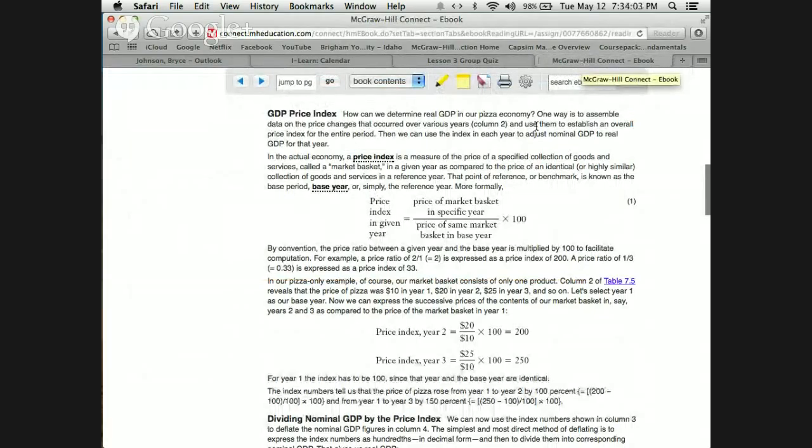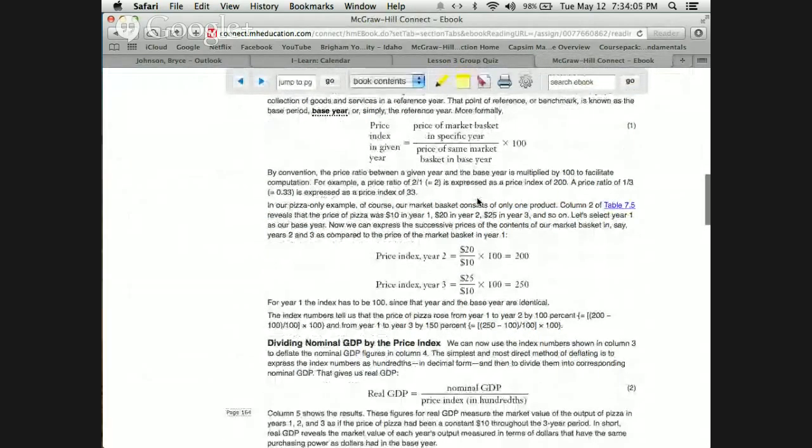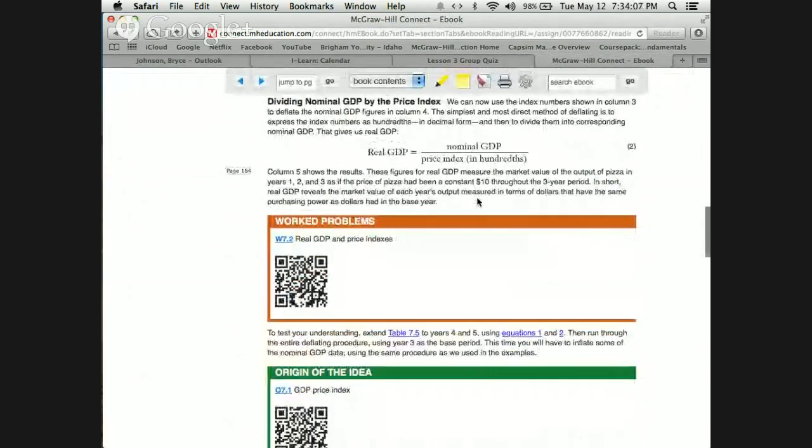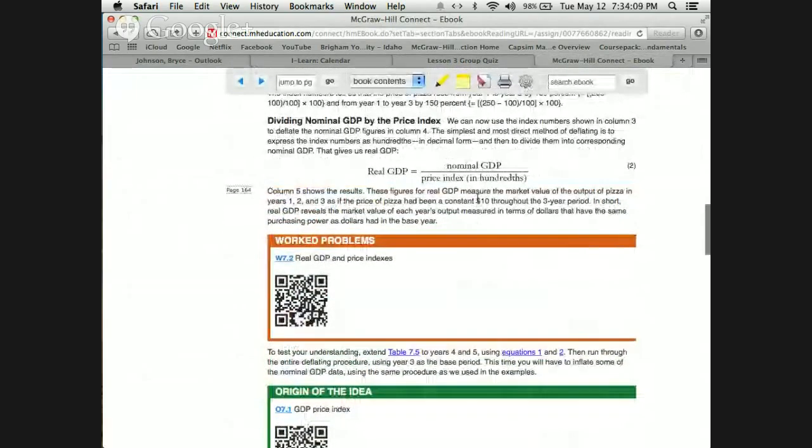This implies that... so it's saying 2005 is 100, 2004 is 92. Which means that 2005 has a higher price, right?